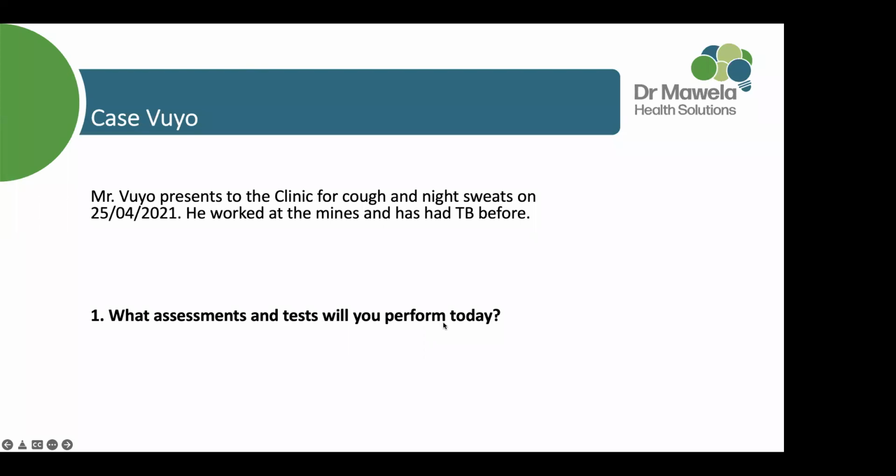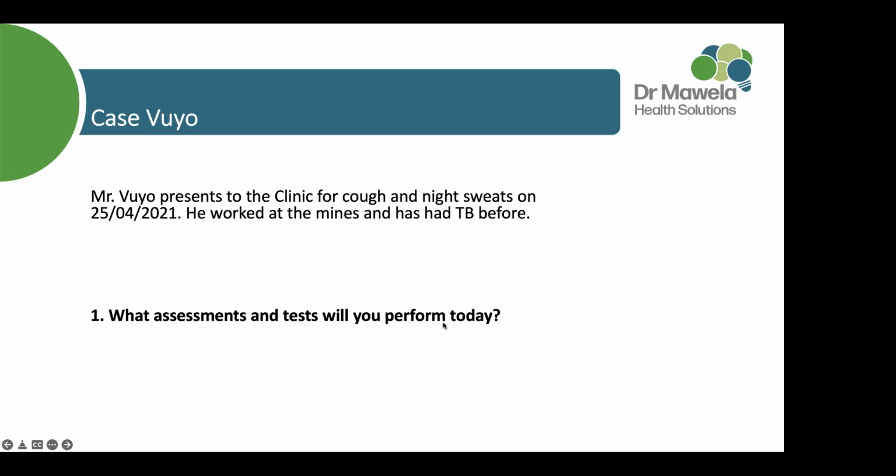So I'll just show you the results that most of you said physical. Yes, so you need to take further history to understand these symptoms, associated symptoms, quite important. We need to assess disease severity, because we need to determine whether Mr. Vuyo is someone whom we can manage on an outpatient basis or they need to be admitted. HIV testing, very, very important.